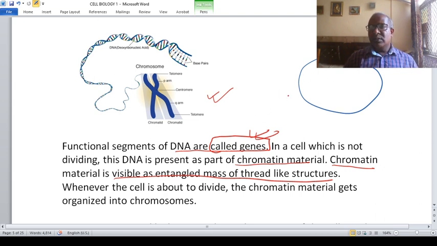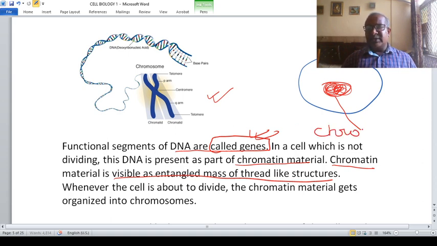This is the nucleus, and here the thread-like structure is present. This entangled thread-like structure is your chromatin. When the cell is not dividing, the DNA is present as chromatin, an entangled mass of thread.